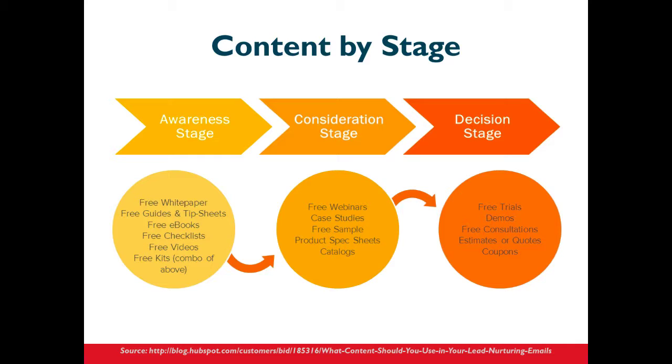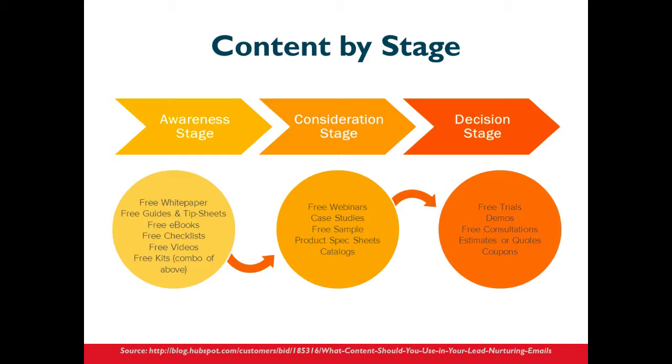At the awareness stage, you might want to offer white papers or free ebooks, checklists, videos, and tip sheets, for example. So that helps people identify what their problem or opportunity actually is.